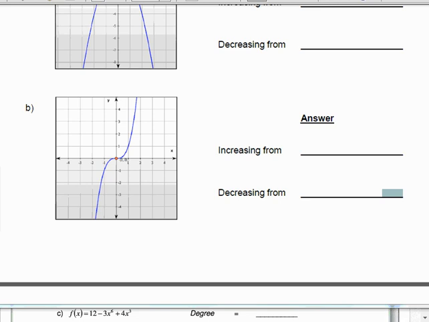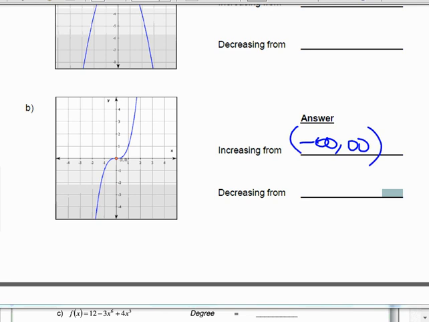Okay, would you agree that it is increasing this entire time? A lot of people divide that into 2 parts. You can, but you'd have to do it with a little union sign between them and say it's increasing from here to here, and then you'd say it's increasing from there to there, which would really be smartest to just say this one increases forever from negative infinity to positive infinity. So what do you do on the decreasing?